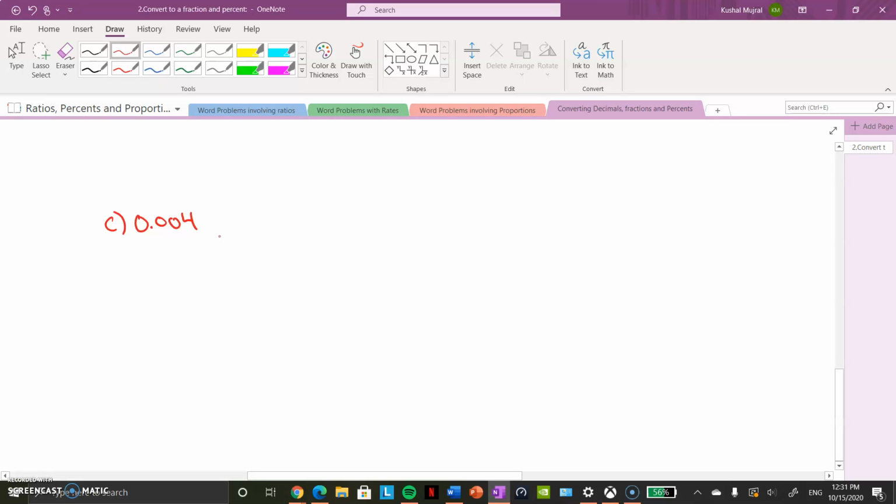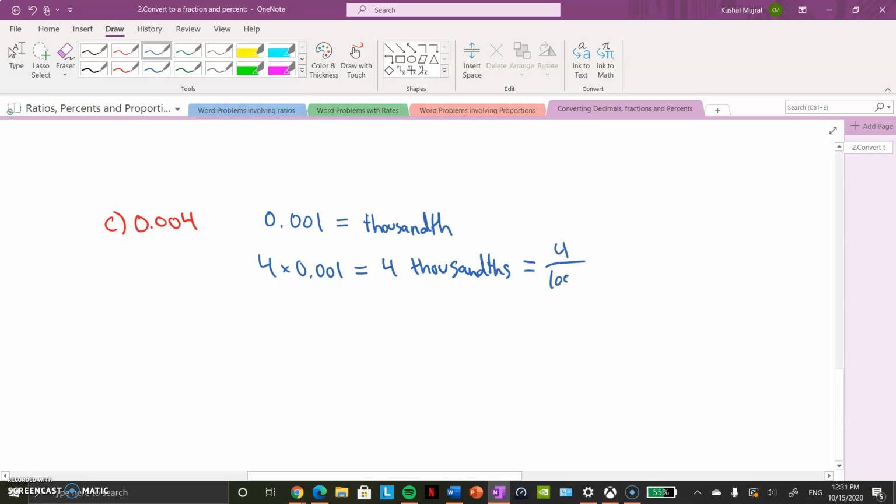0.0004. Okay? So, one sec. 0.001 is a thousandth. So 4 times 0.001 is 4 thousandths, which is 4 over 1,000.